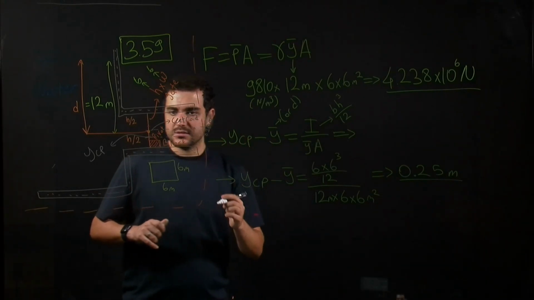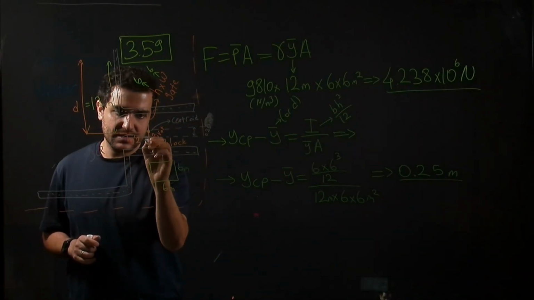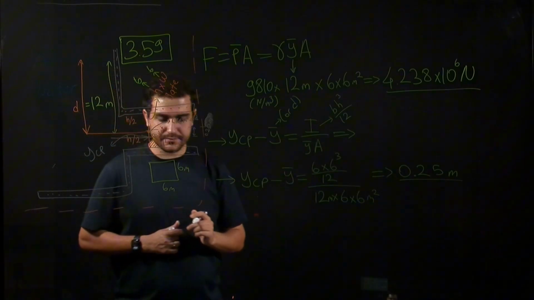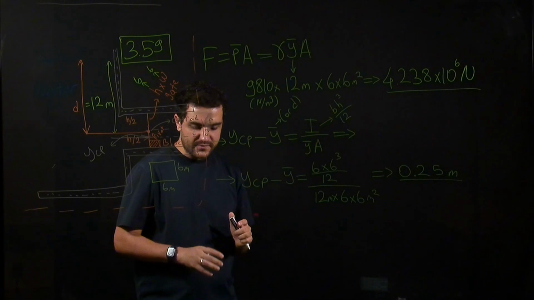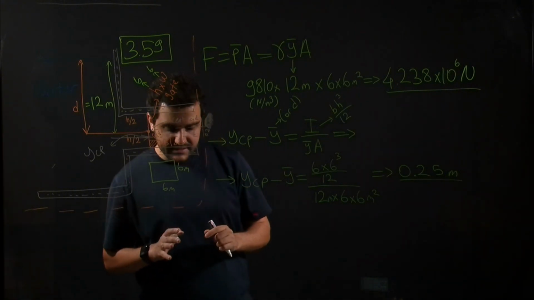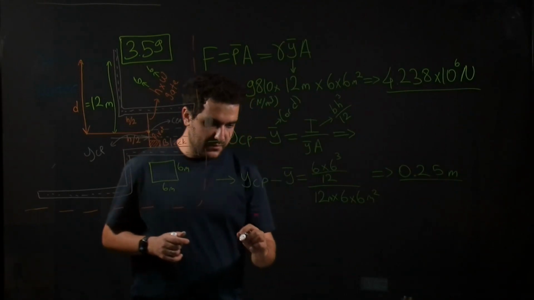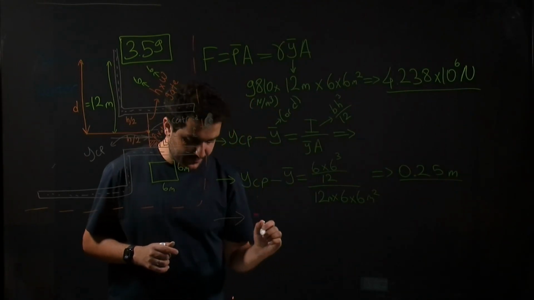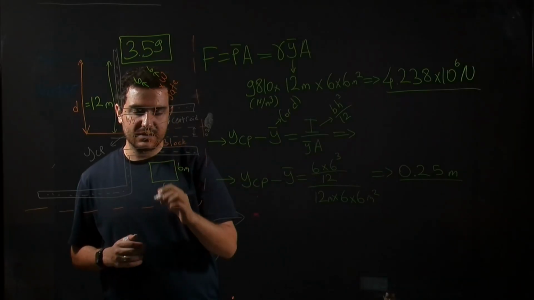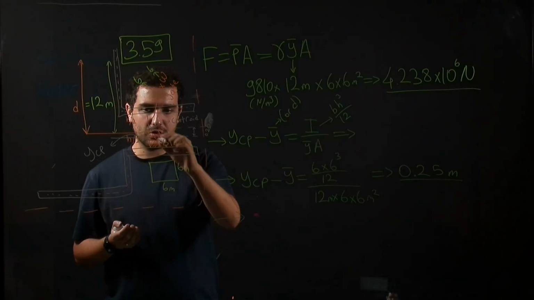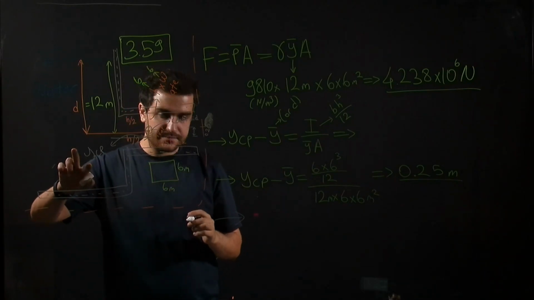Okay, so this means that we have force acting at this point. So in the question it says that we need to find force of gate on block. So we need to use equilibrium so that we have a pivot point here, and we can sum moments on this pivot.